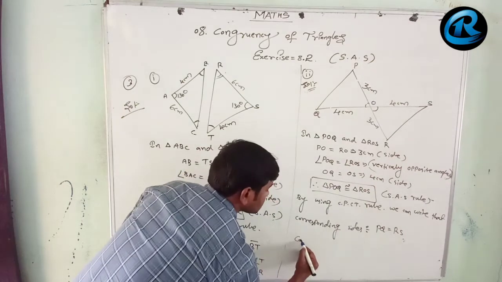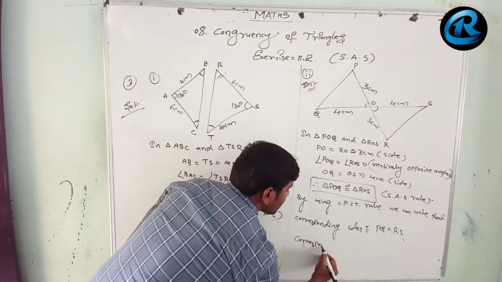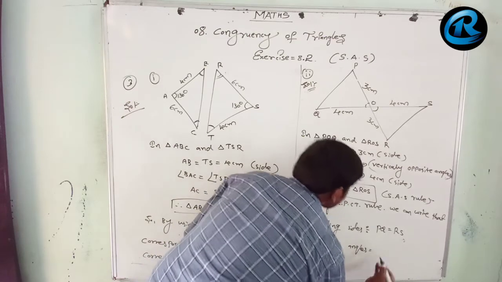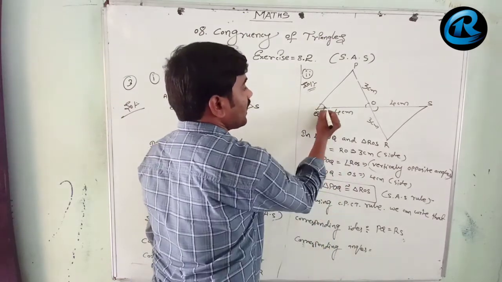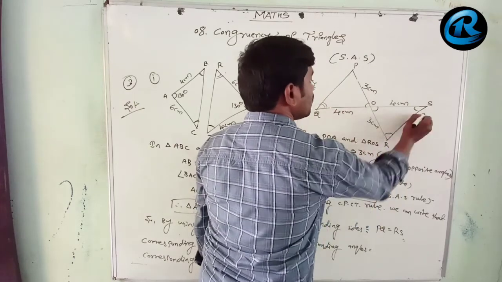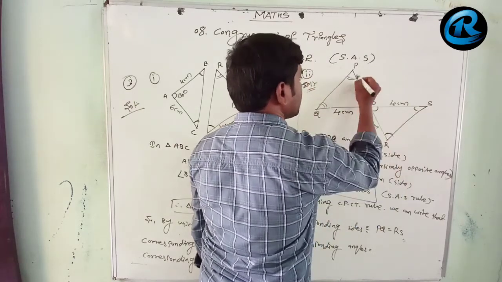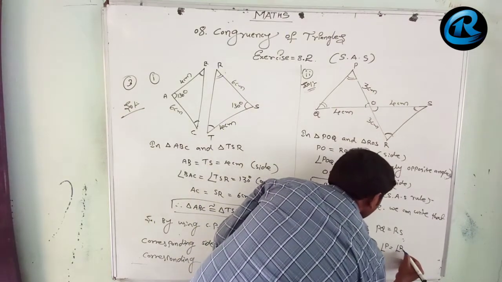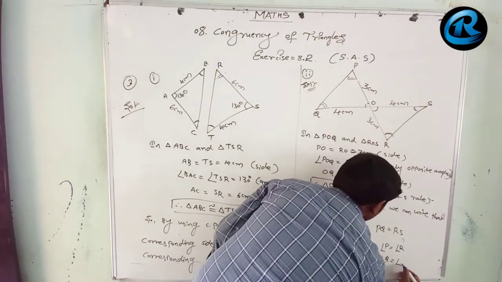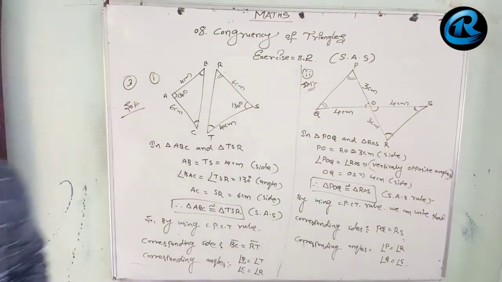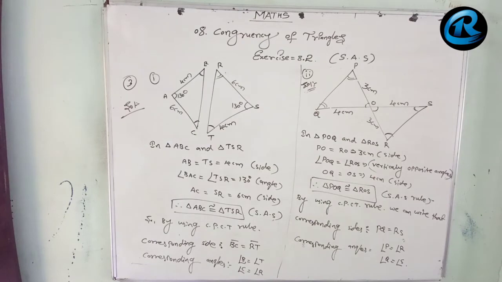Then the corresponding angles: angle P equal to angle R, angle Q equal to angle S. So these are the solutions of first and second of this third bit.